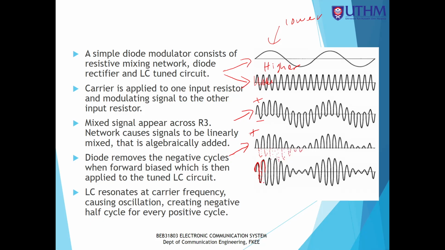At the negative side, the diode will clip off the negative side. Over here, you're going to see that the LC tank circuit will discharge. When the LC tank circuit discharges, it will complement the output signal. That's why we see a full envelope like this.